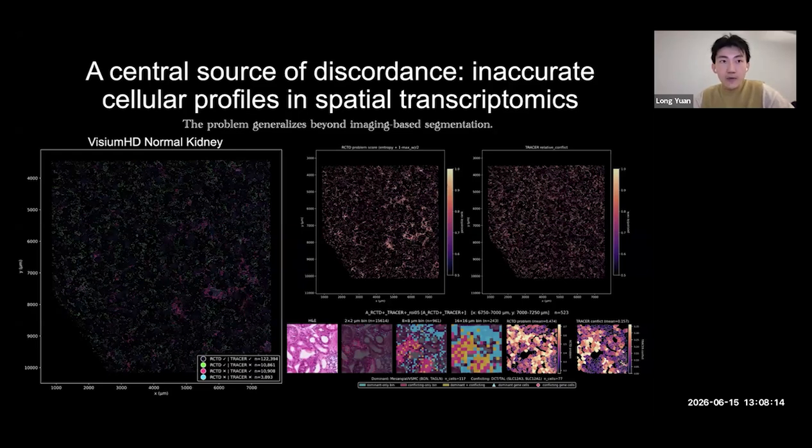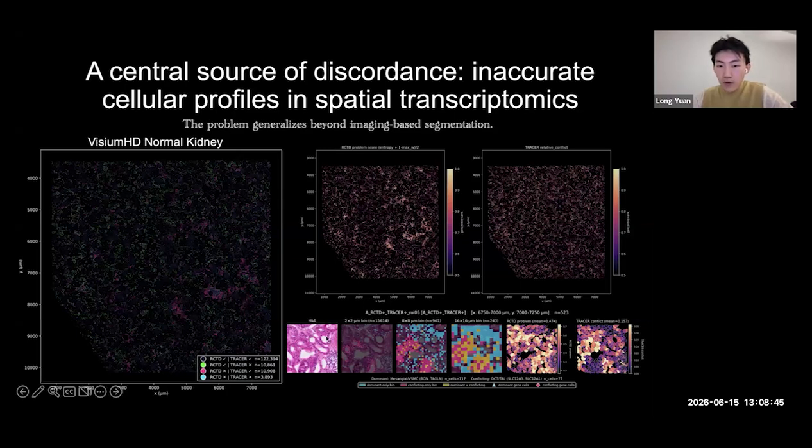In sequencing-based spatial transcriptomics, such as Visium HD, the starting objects are bins rather than segmented cells, and rigid binning can mix neighboring cell states or split one biological cell across multiple bins. And here, RCTD-based ambiguity and Tracer conflict again reveal spatially organized uncertainty.